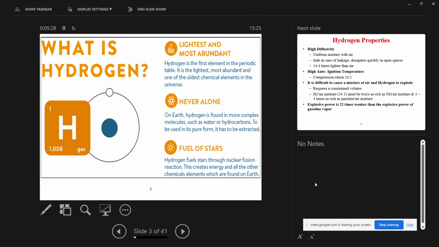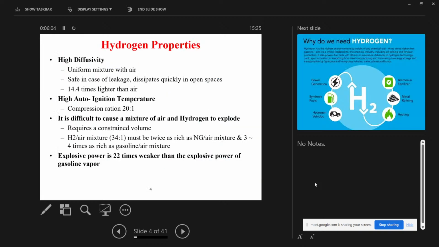Everybody knows that hydrogen, through nuclear reactions, can emit a large amount of energy. Everybody talks about hydrogen bombs, but we want to utilize hydrogen energy in such a way that it can be an environmentally friendly fuel for the next generations. So let us talk about the properties of hydrogen. Next slide.